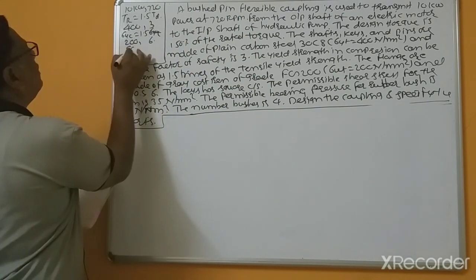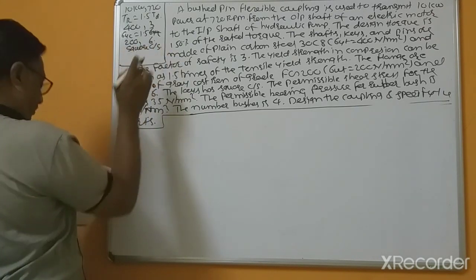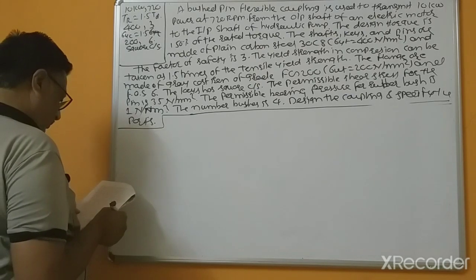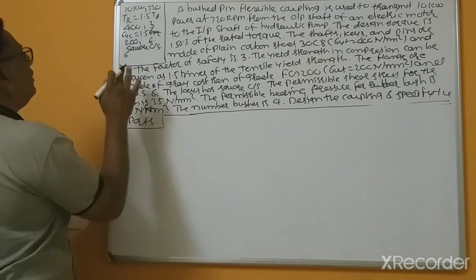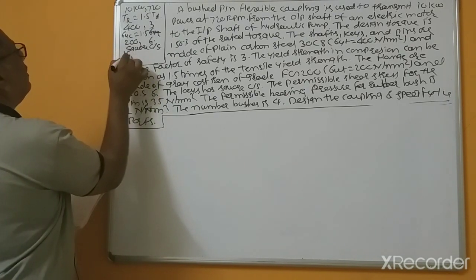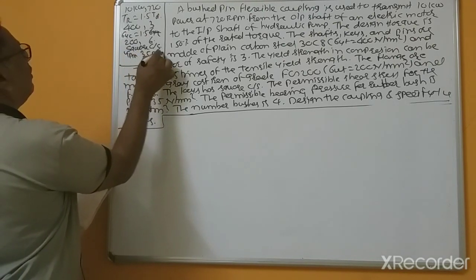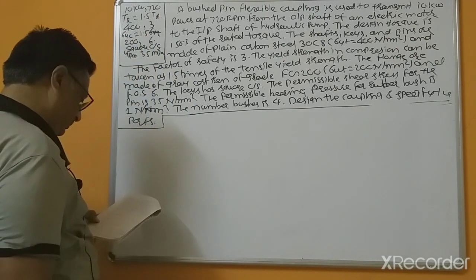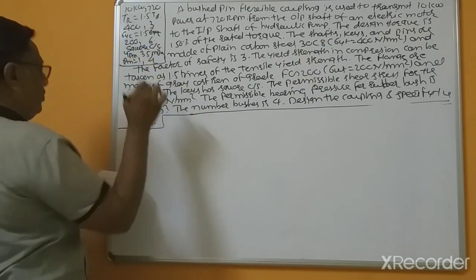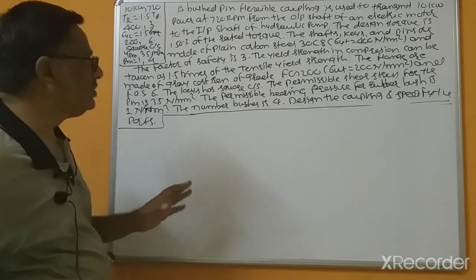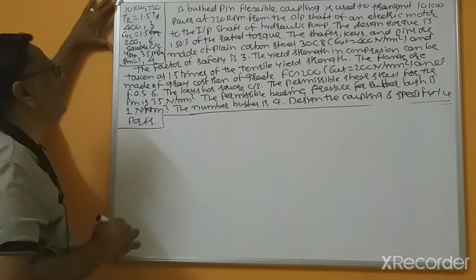Square cross section, this is also important. Pins, permissible shear stress, this is 35 megapascal. PM is 1 and number of bush is 4. So is the data sufficient, right?